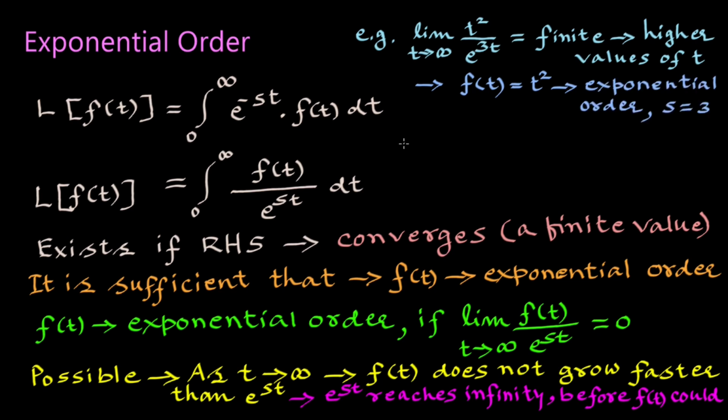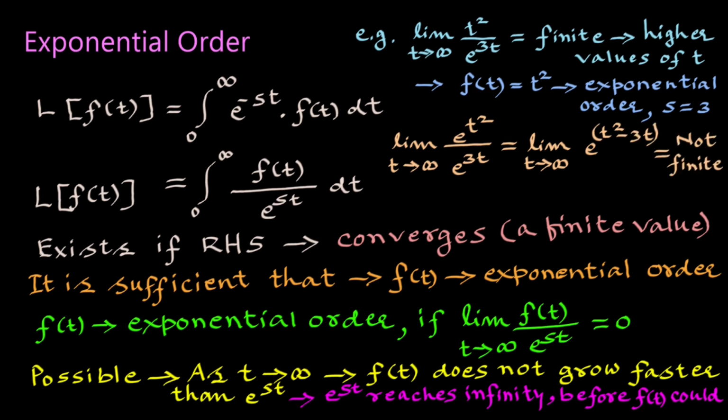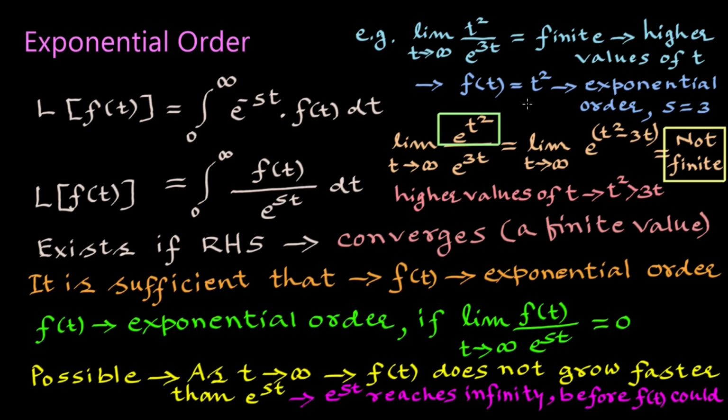But on the contrary, limit e raised to t square upon e raised to 3t as t tends to infinity, which will be e raised to t square minus 3t, will be not finite, for the simple reason that for higher values of t, t square will be greater than 3t. Hence, the limit will be not finite. Therefore, f(t) equals e raised to t square is not of exponential order.